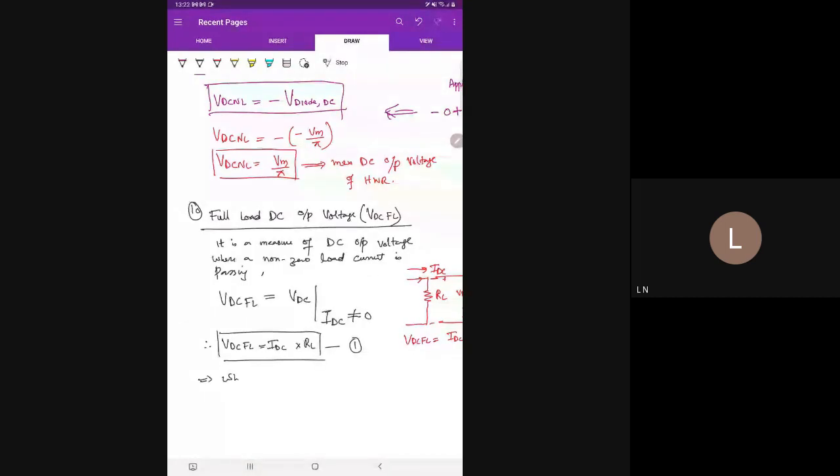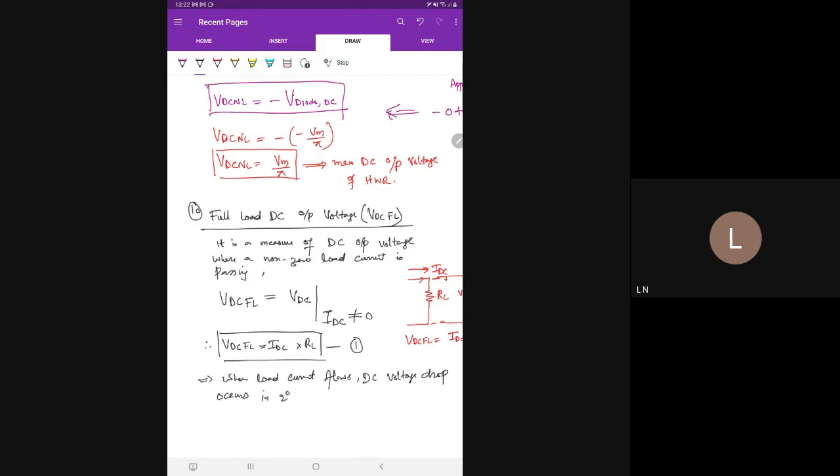But when load current flows through the load resistor, a DC voltage drop occurs in the secondary winding and diode due to their non-zero internal resistances.